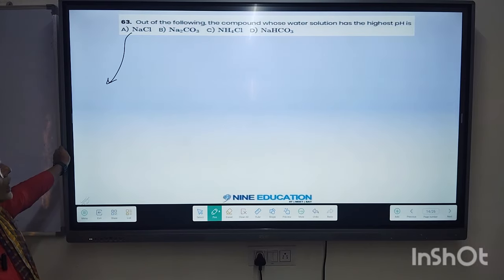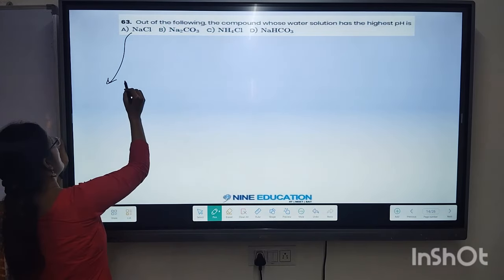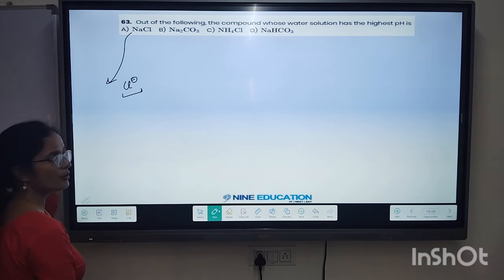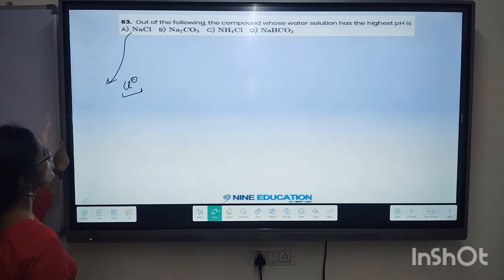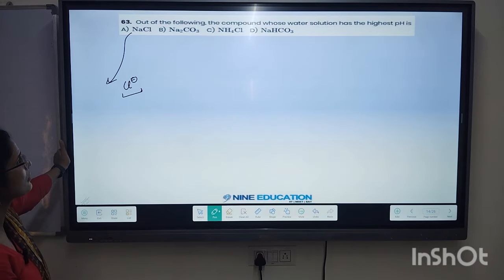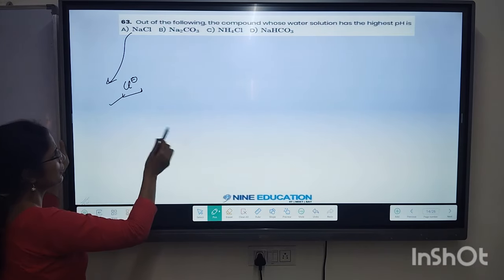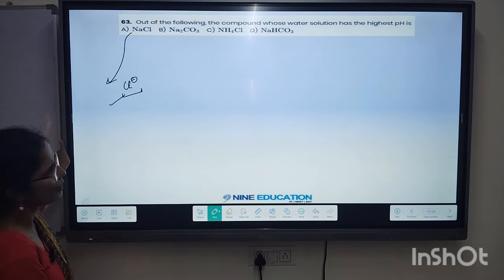So it will be a kind of neutral solution, so it won't be the answer here. Also in this case we'll be having Cl negative in the solution. Cl negative is a conjugate anion, an anion of strong acid HCl. As HCl is a strong acid, Cl negative will be a very weak base, right? So NaCl solution will be almost neutral.